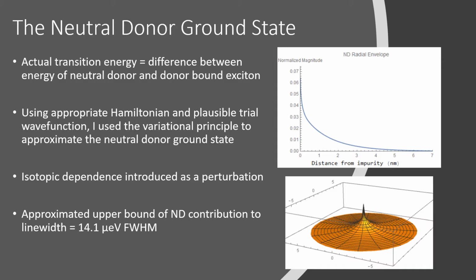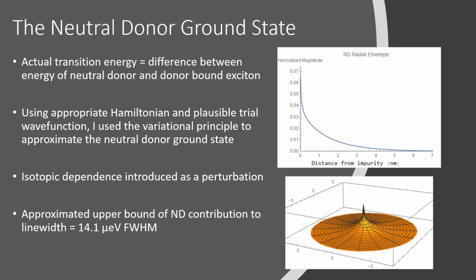The actual transition energy results from the energy difference of the neutral donor energy and donor-bound exciton energy. If we can model how isotopic effects change these energies, it will tell us the total dependence of the transition on isotopic effects. It seemed plausible that the neutral donor was more tightly bound than the bound exciton, and so contributed more to isotopic effects.